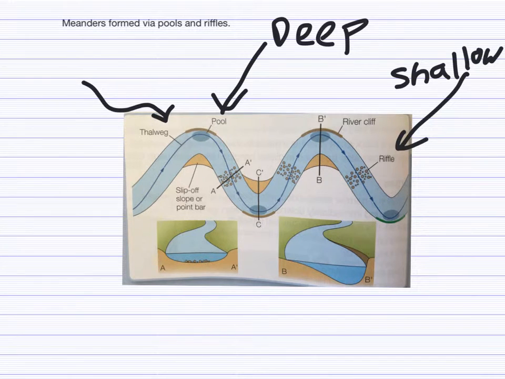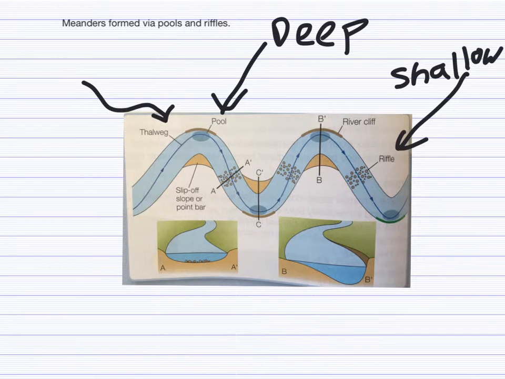As you get the pools and the riffles, the thalweg twists between these, and that is usually what starts off the whole process of a meander. It also creates this faster and slower pace of water.